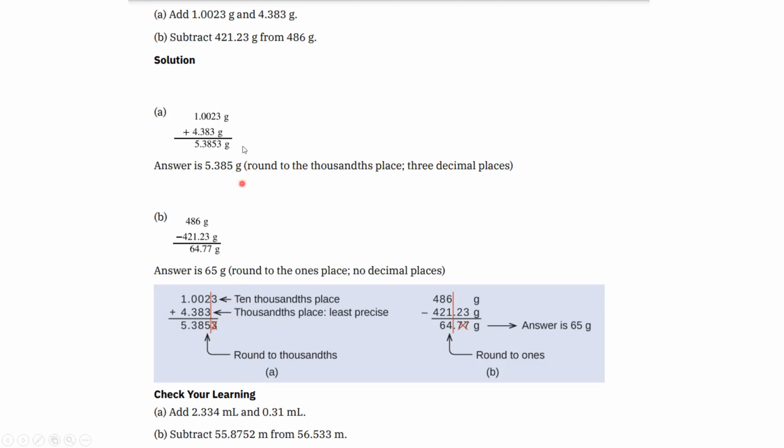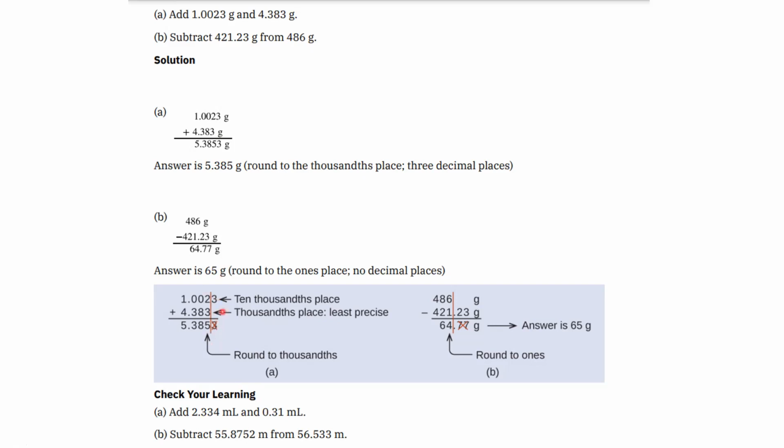So with the calculator answer, if we were to actually fully report it, just like we have up here, if we include that 3 at the end, that indicates that with this second measurement, we know that that fourth decimal place would be a 0, which we can't say for certain. Could be a 0, could be a 2, could be whatever it's going to be. So our final answer basically can only be as precise as whatever measurement's the least precise. So that's why we just cut it off.